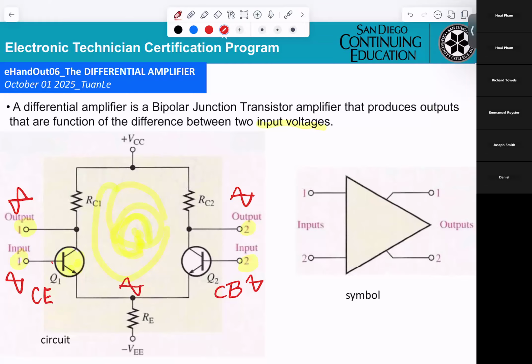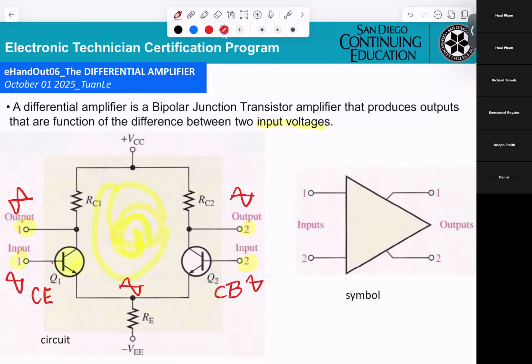Before you go to the differential amplifier, that's what you have to understand. You don't have to memorize the formula. This is general, basic.